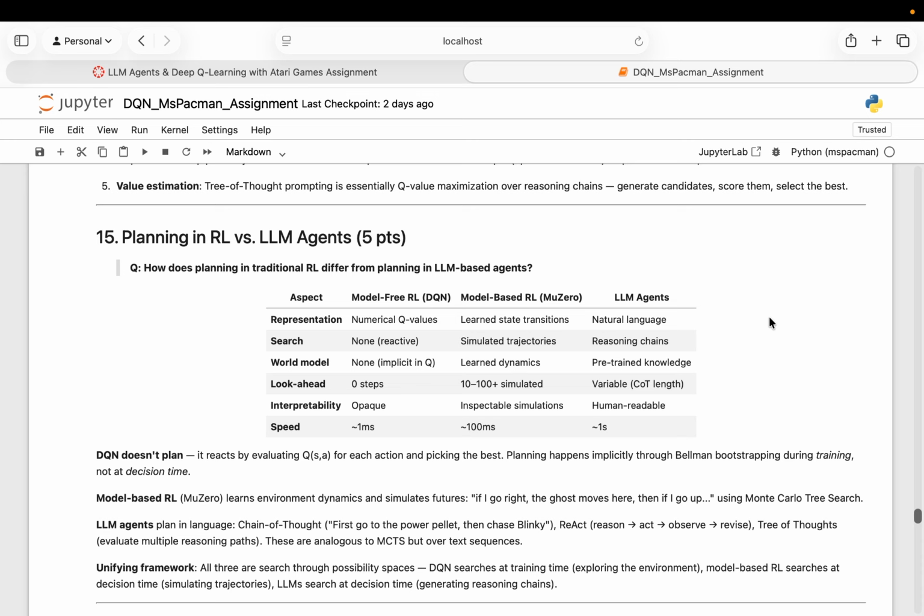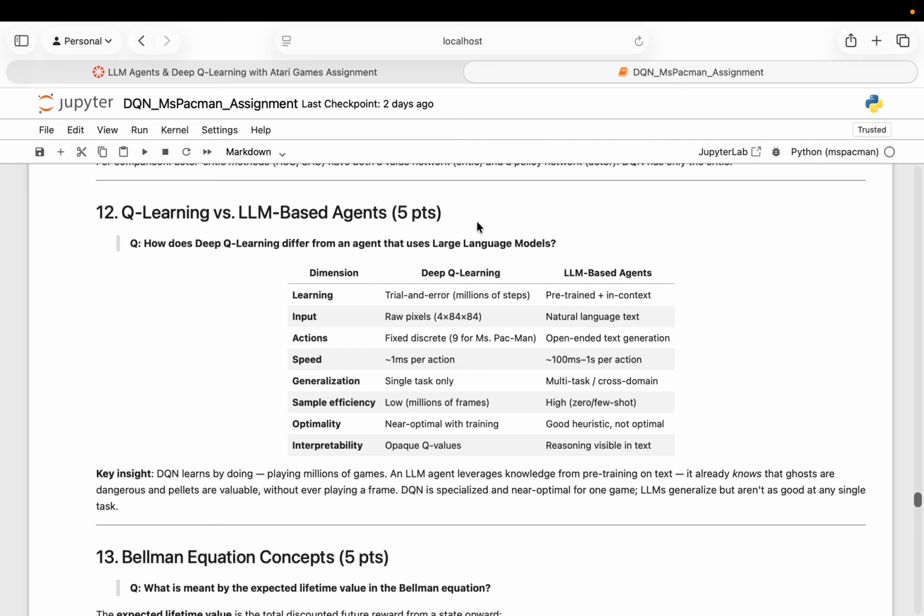For integrating DQN with LLMs, I propose a hierarchical architecture. An LLM acts as the high level planner, setting goals like clear the upper right quadrant, while the DQN handles real time joystick movements to achieve those goals. Here you can see the comparisons. The Q-Learning versus LLM-based agent comparison here.